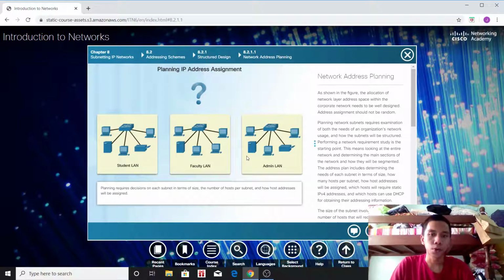Performing a network requirement study is the starting point. This means looking at the entire network and determining the main sections of the network and how they will be segmented.